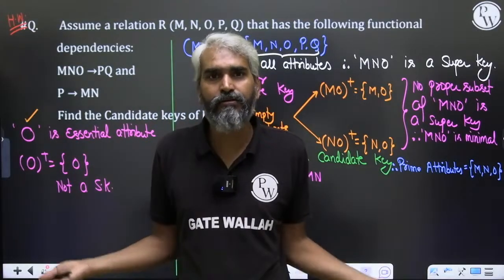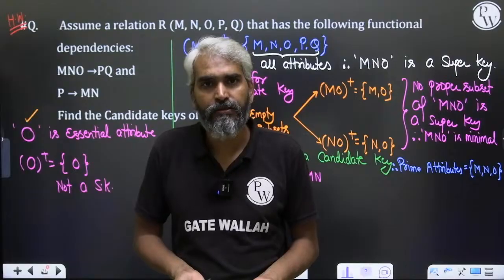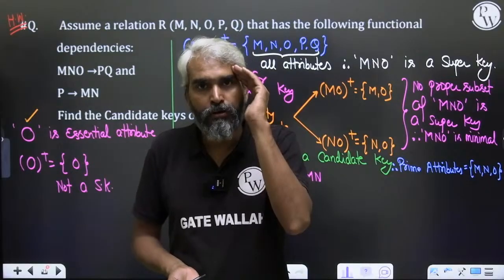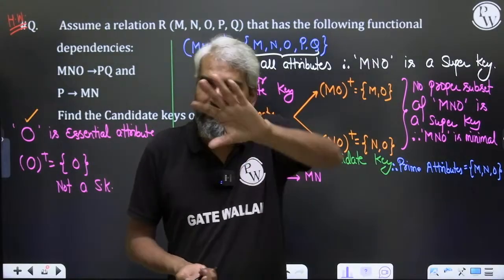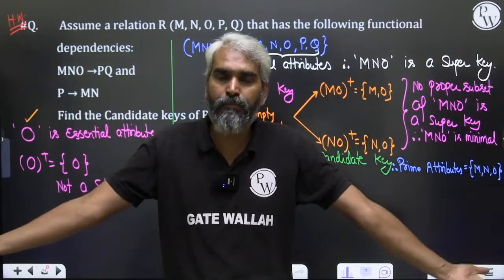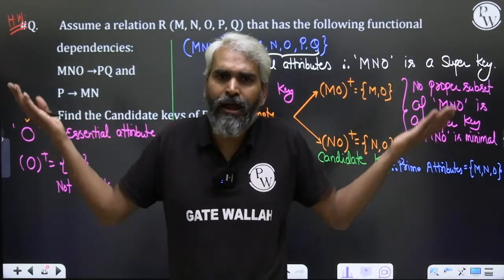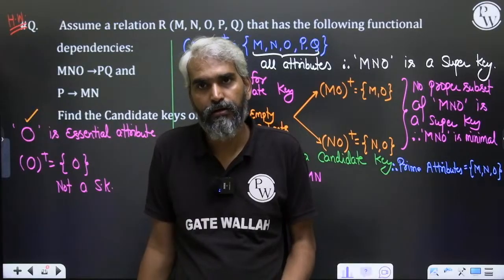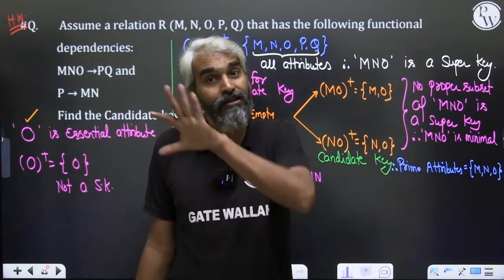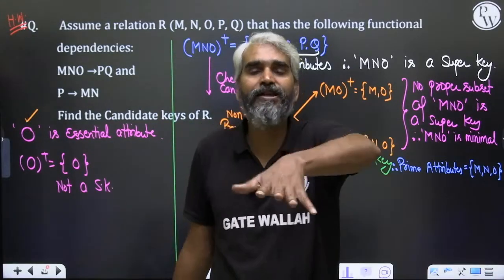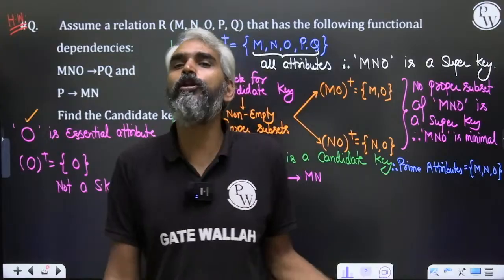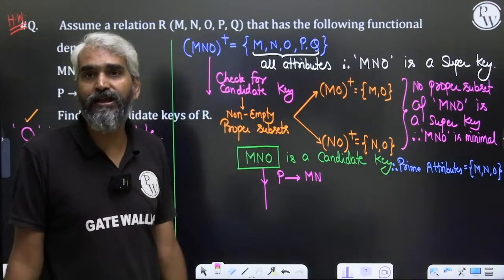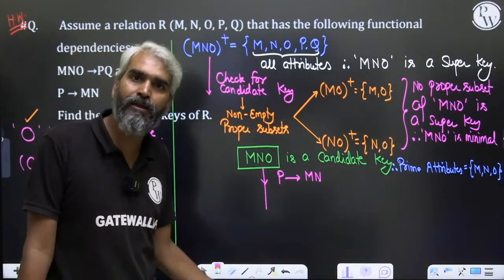I only said that it should be of the type such that nothing can be removed from it without destroying the property. From MNO, nothing can be removed from the set without destroying its property, so it is minimal.